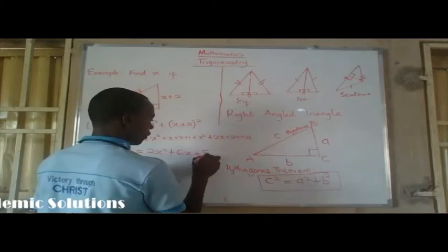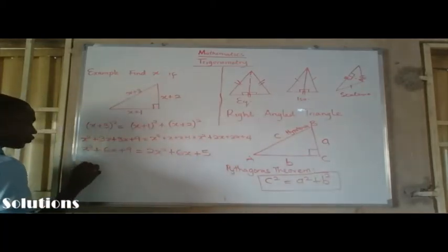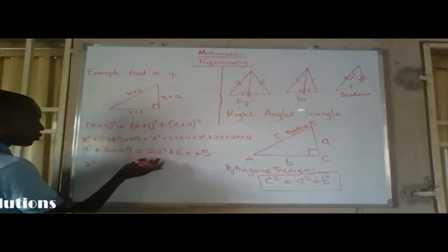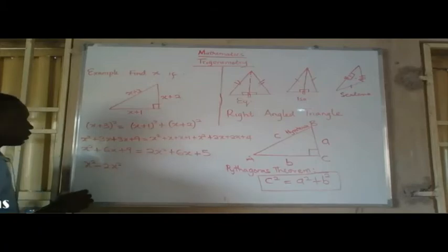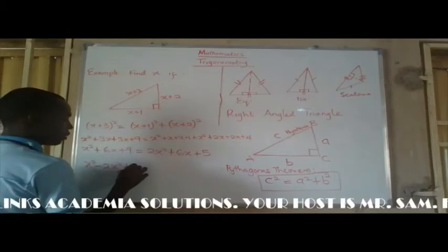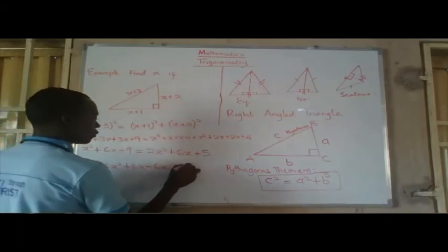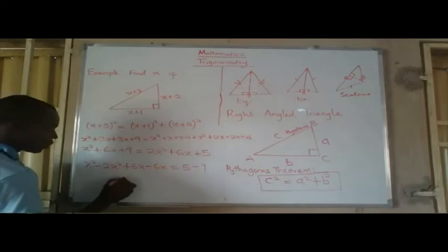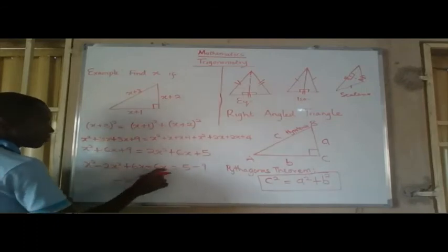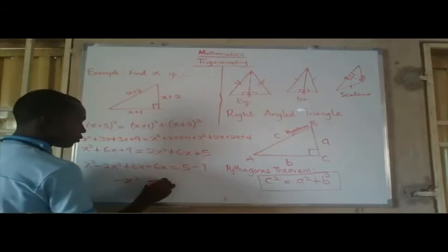That's 5. Alright, you have x squared. Let's get all the x to one side. Minus 2x squared plus 6x minus 6x equals 5 minus 9. x squared minus 2x squared is minus x squared. 6x minus 6x, that's 0. 5 minus 9, that happens to be minus 4.